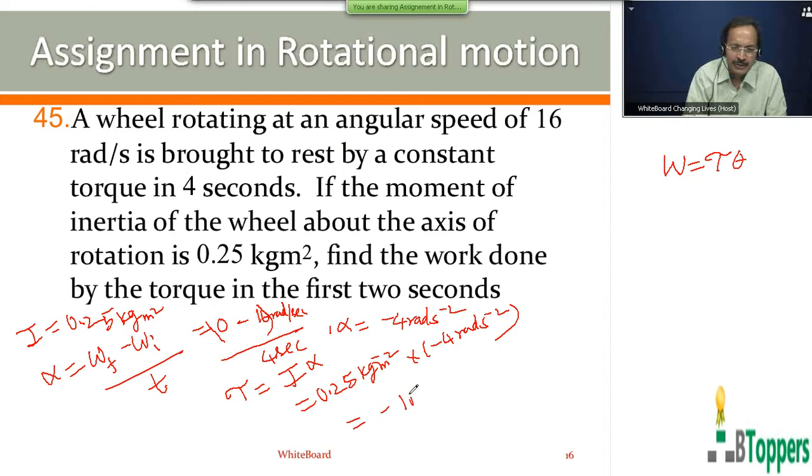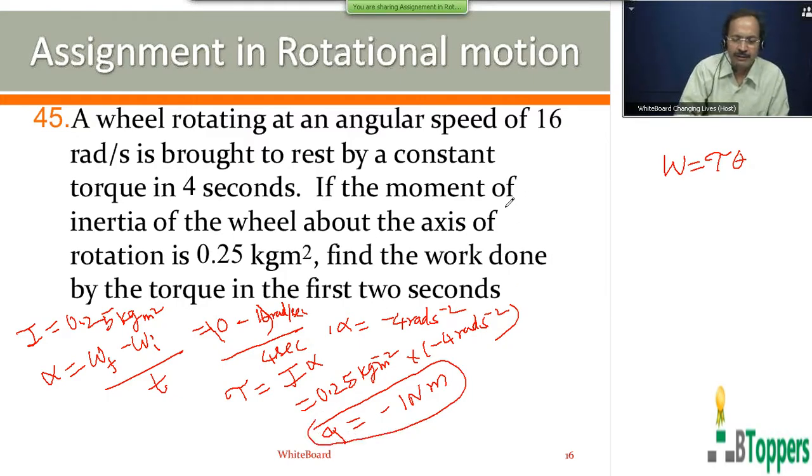So you get minus 1 Newton meter. Negative sign indicates that the torque acts opposite to the initial angular velocity. To find work done in the first 2 seconds, you have to find the angular displacement theta in the first 2 seconds.